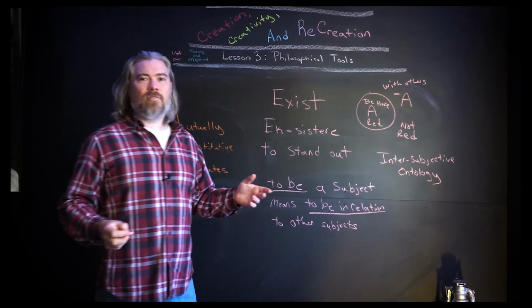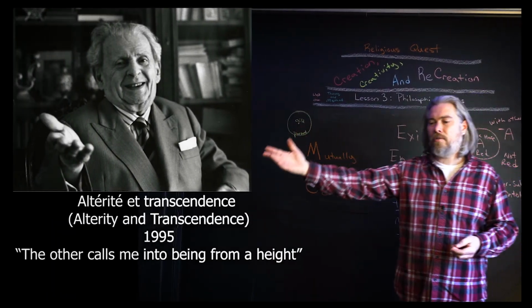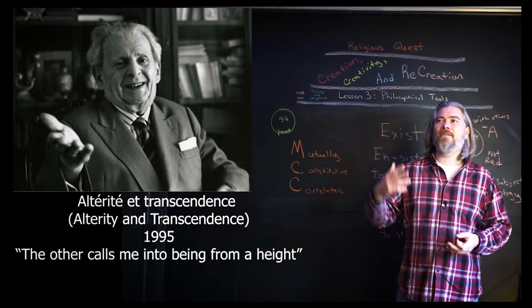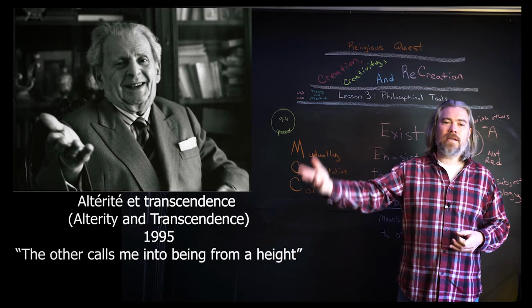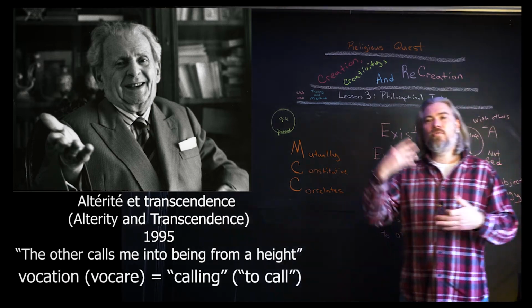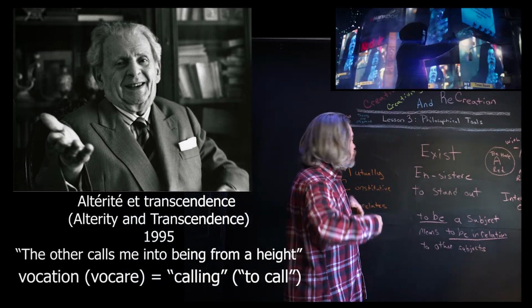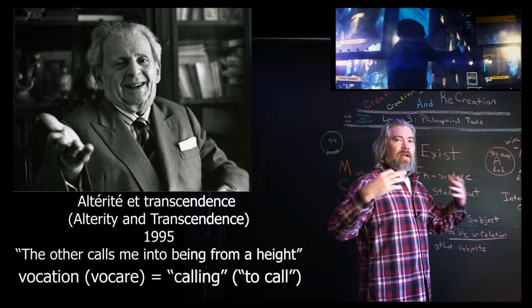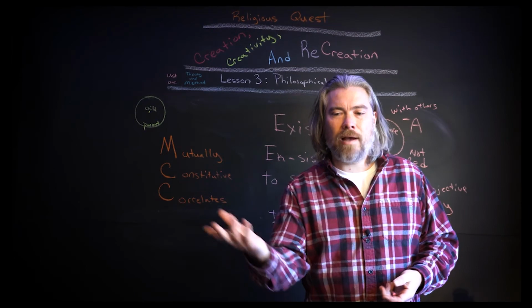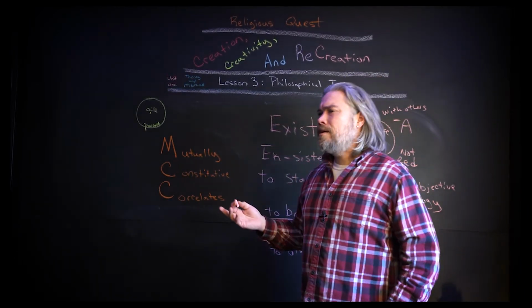There's another great philosopher, Emmanuel Levinas, who said the other, my neighbor, my others call me into being from a height, right? The other calls me into being or enables me to be through vocation, through attention, through seeing, through acknowledging, by allowing me to be a subject, right? So my neighbor calls me into being from a height, so I depend for my existence on my neighbor's viewing me.